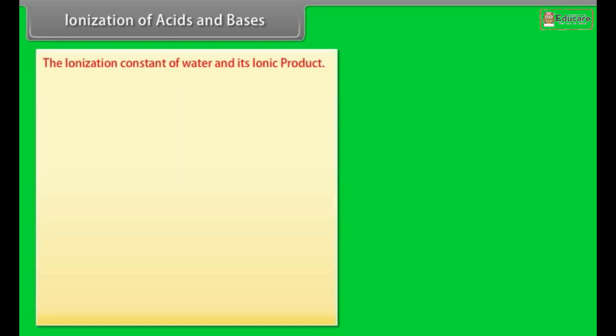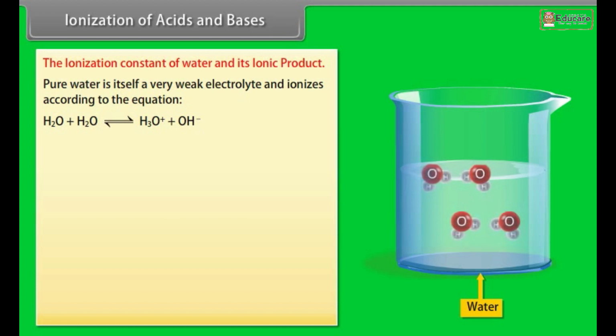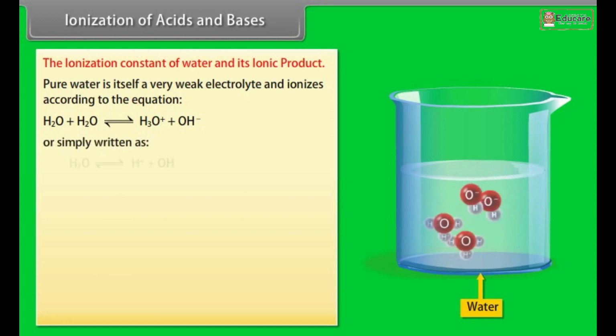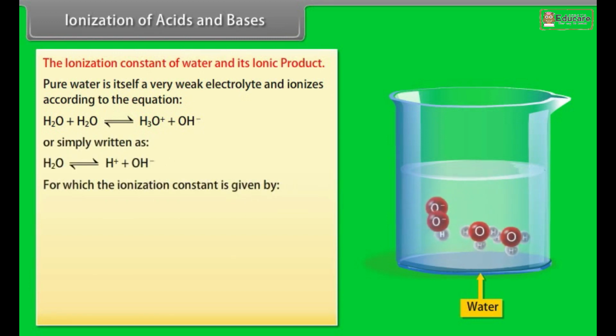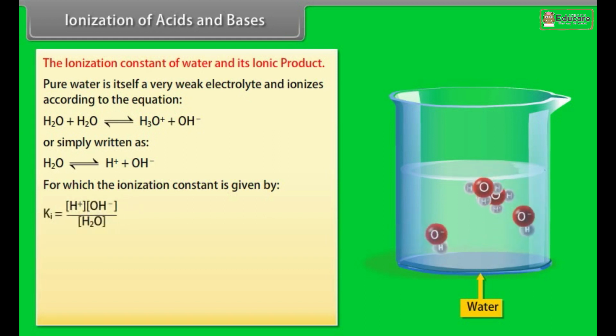The ionization constant of water and its ionic product. Pure water itself is very weak electrolyte and ionizes according to the equation, or simply written as, for which the ionization constant is given by Ki is equal to concentration of H+ into concentration of OH- by concentration of H2O.